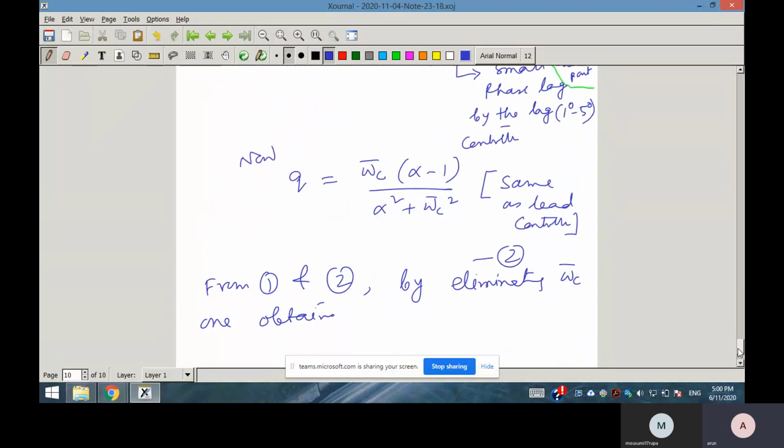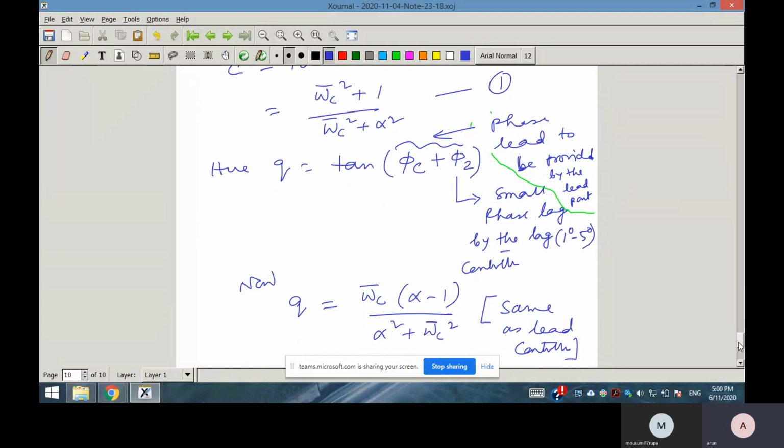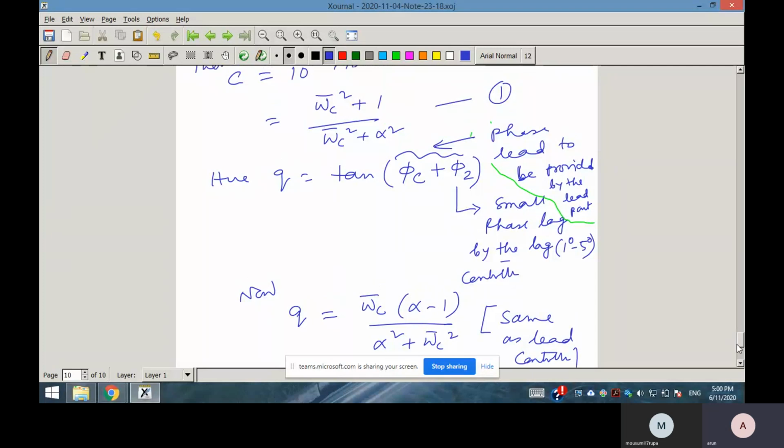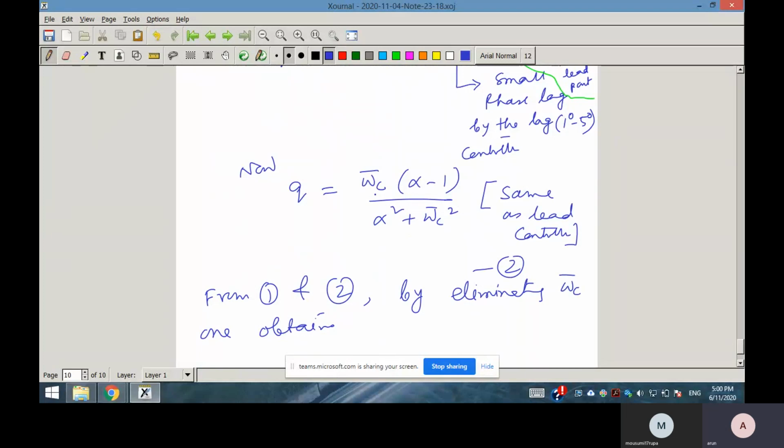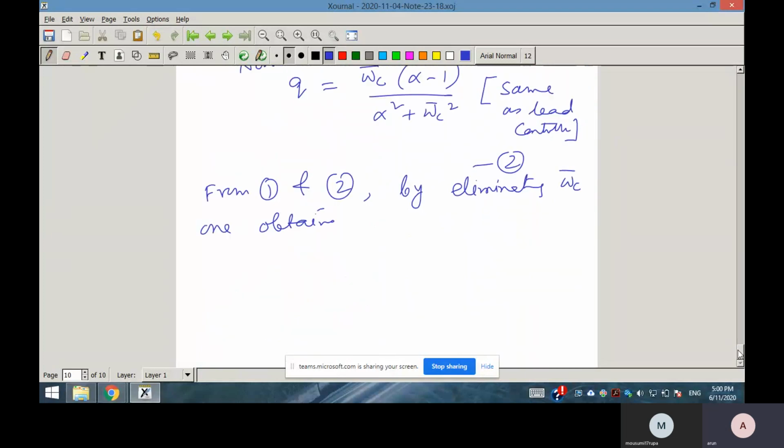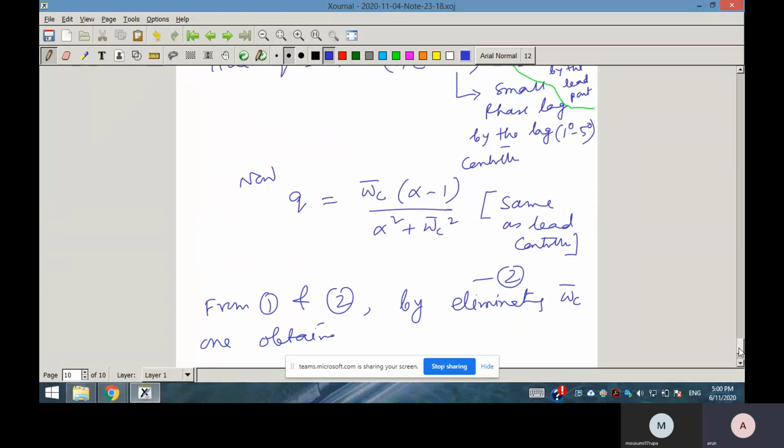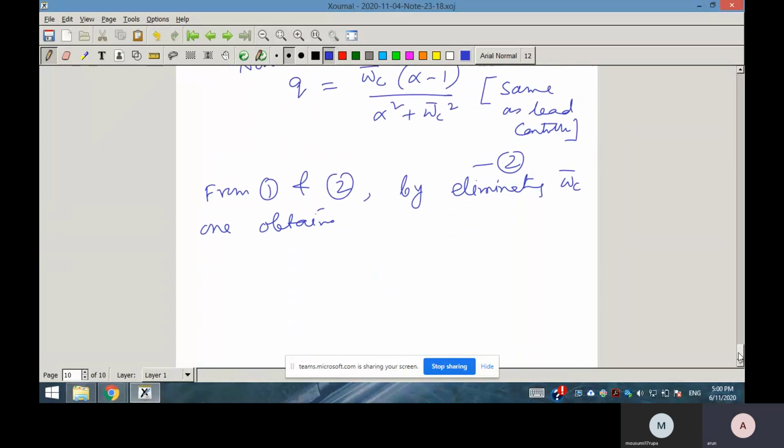That means you have to find omega c from here, and once you get omega c, you have to substitute here omega c square. To substitute omega c square, you have to square up both sides, and then you can substitute. Then ultimately you will get an equation involving Q, C, and alpha. So the ultimate equation is the same as we obtained in equation 5 of the lead controller. A similar kind of equation we will get.